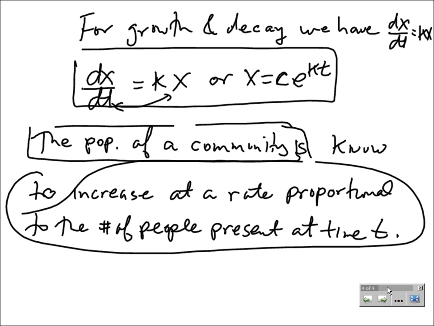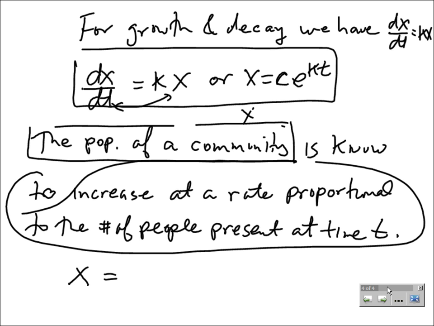The population of the community is x, and it is known to increase at a rate proportional to the number of people at time t.